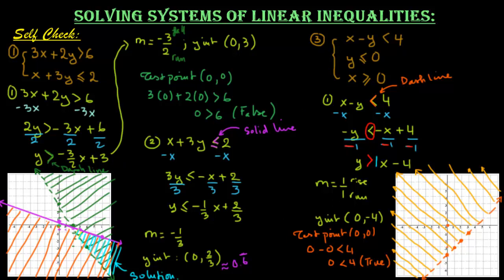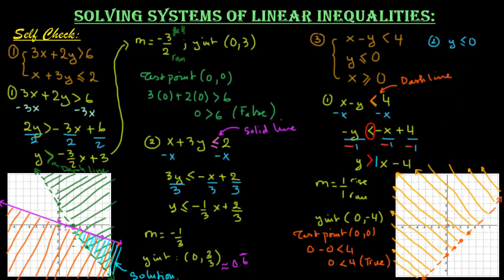So we're going to graph the second one, y less than or equal to 0. This one is quite straightforward. Where is y equal to 0? It's at the point (0, 0), and y equal to 0 will give you a horizontal line, which in this case is the x-axis.